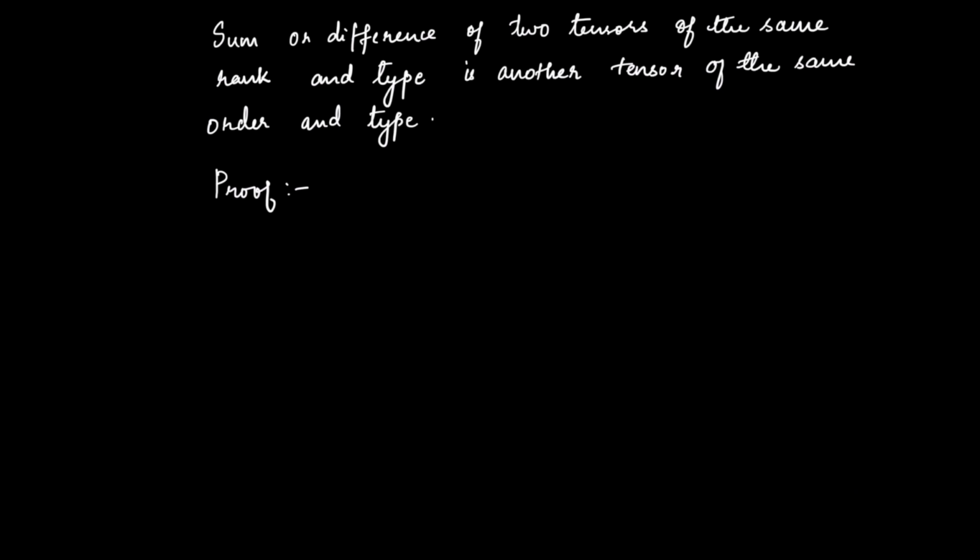Let A alpha beta and B alpha beta be two tensors of the same order and type. Then their components in the coordinate system x prime mu will be A prime alpha beta and B prime alpha beta, right?